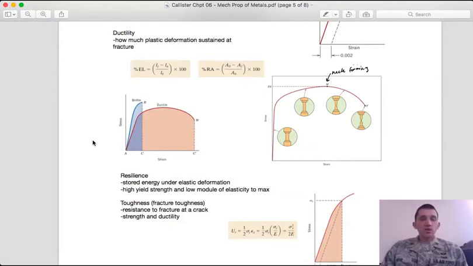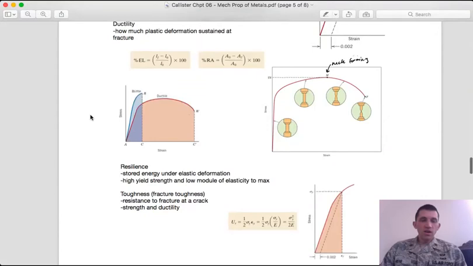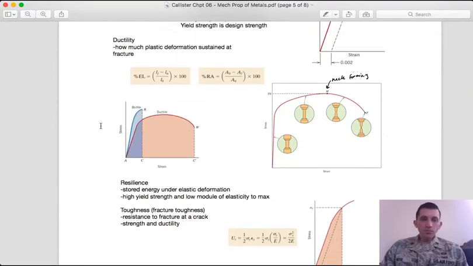And so we can think about ductility as a material property, and it's generally expressed either in terms of percent elongation, where we're looking at the strain as a percentage, or the percent reduction in area, where we're looking at how much the cross section can be reduced before failure in terms of a percentage. And so if you look at the stress-strain curve, you can almost immediately distinguish a brittle material from a ductile material.